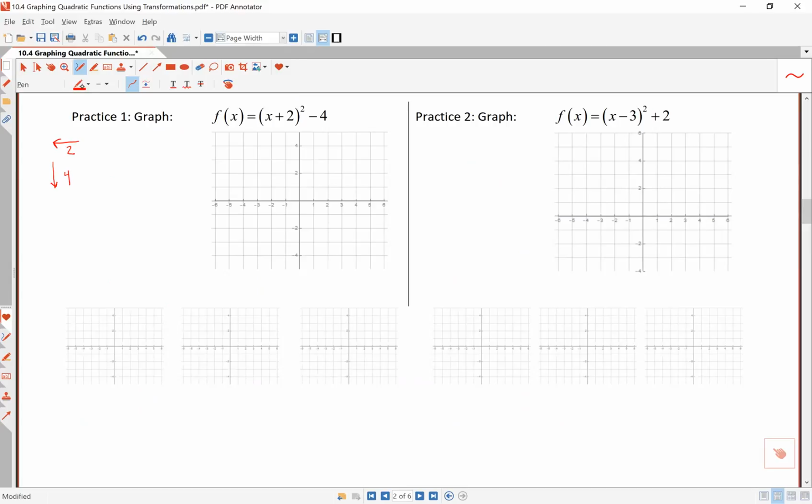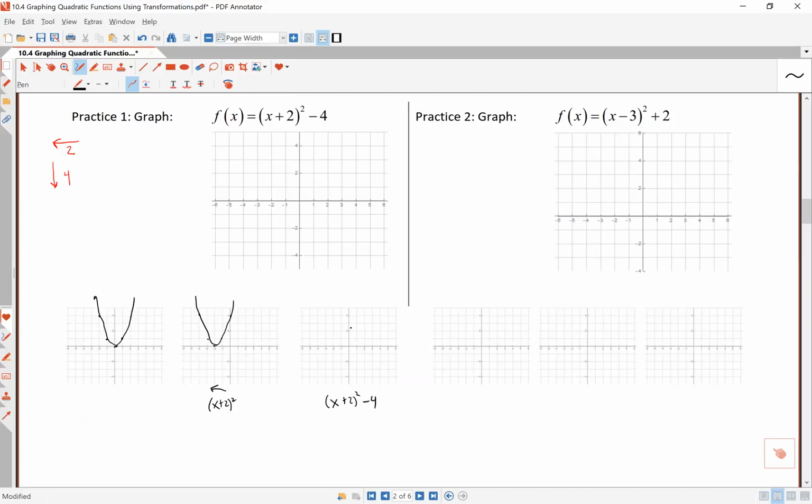So we're going to start off by graphing y equals x squared. And then we're going to shift it left 2. And then we'll shift that down 4, the minus 4.